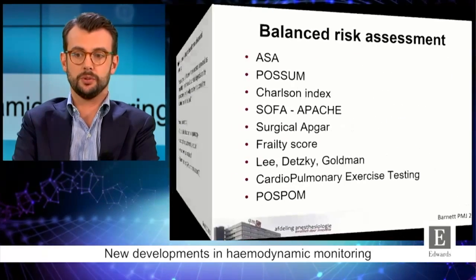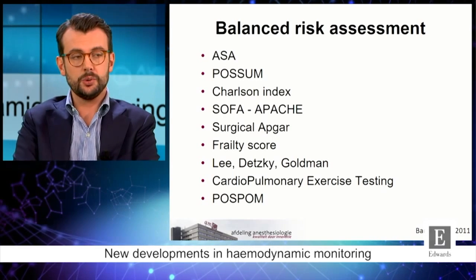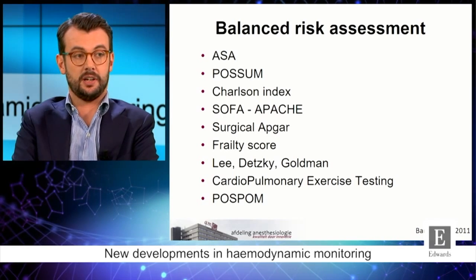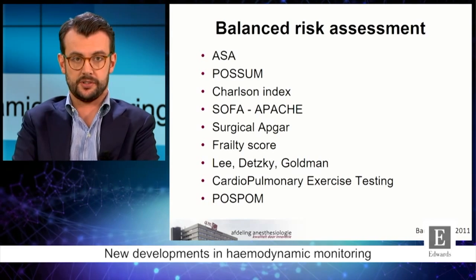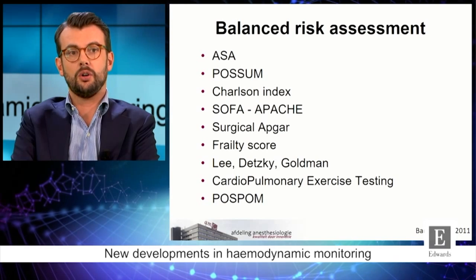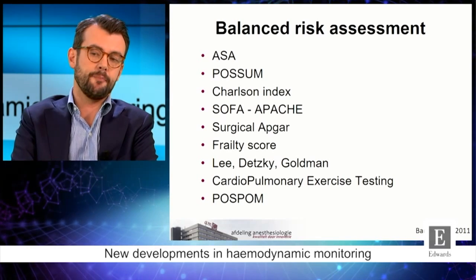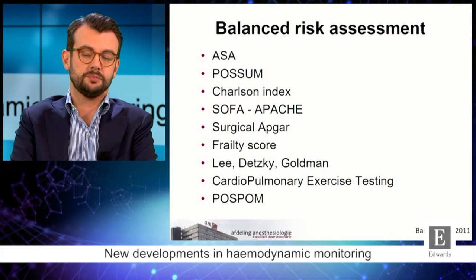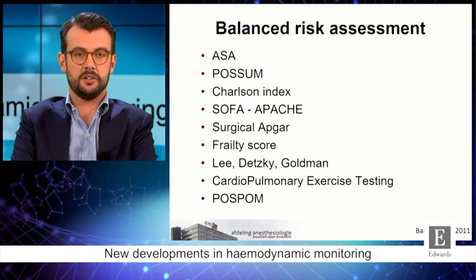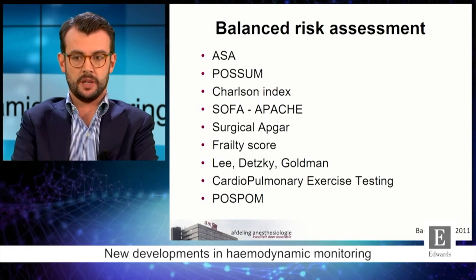So moving on to risk scores. Are there any risk scores that I can use to assess these risks and basically have an easy tool to assess who I need to target? Now looking at all of these scores, and this is just a limited number that I displayed here, there are a lot out there, and most of them look at 1, 2, or 3 components.